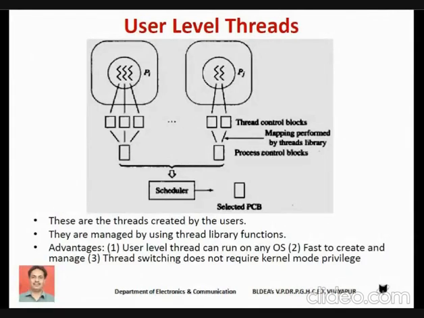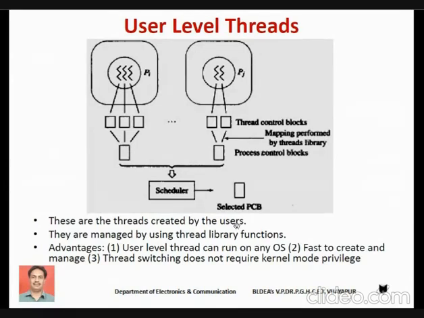As the name itself indicates, user level threads are created by the users, meaning the programmers can create the threads and manage their execution. If you go to Java programming, there we have a lot of instructions related to threads. You can create some instructions within the threads, and these threads can be executed in parallel.